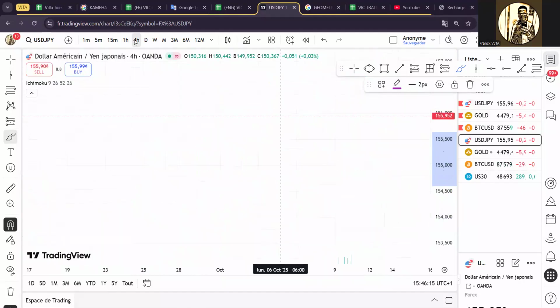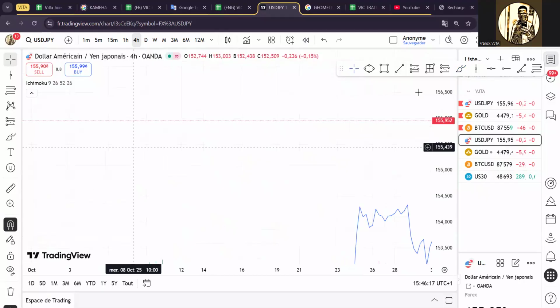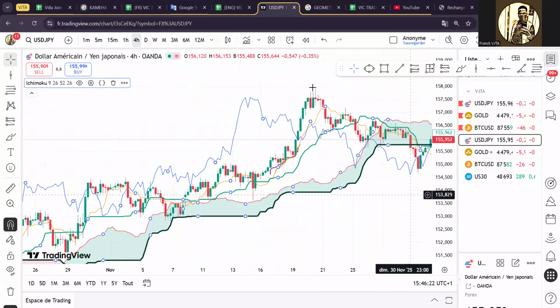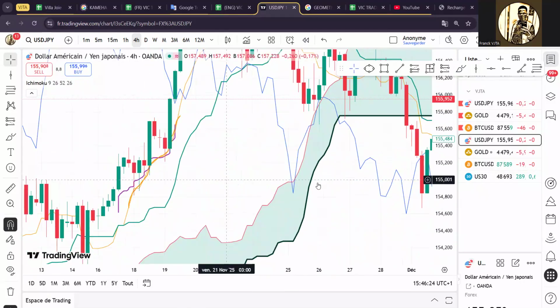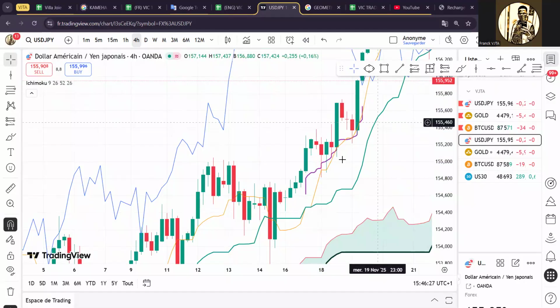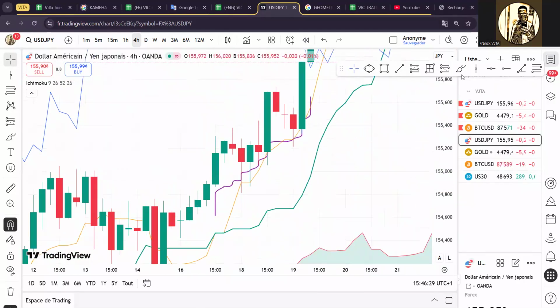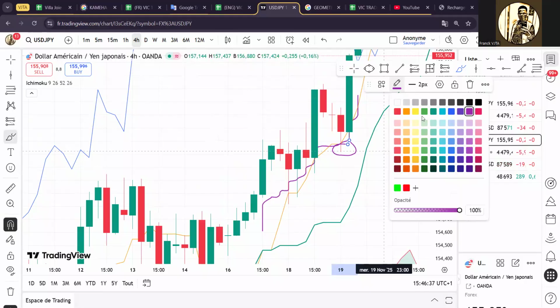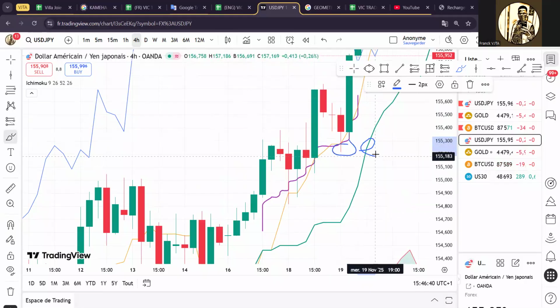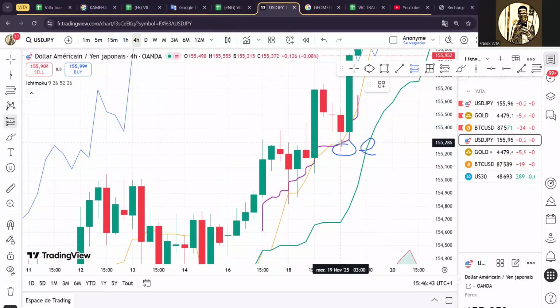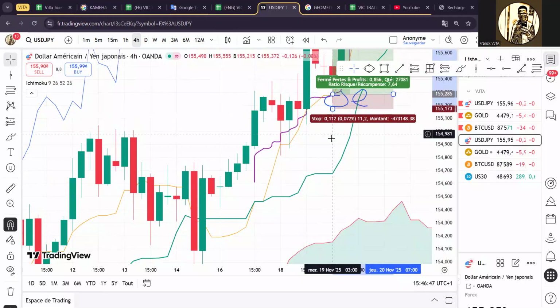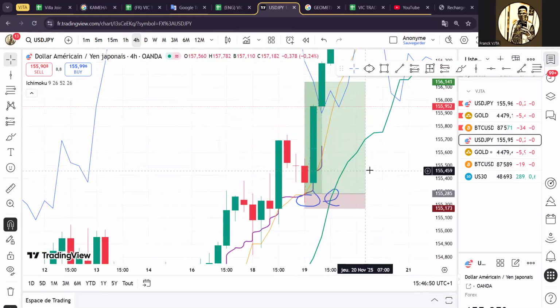Then you go on 4 hour, you will see the drawings of the Kijun, and the Kijun on 1 hour is in purple. So when you make an entry here on 4 hour, at the same time, you are making an entry on Kijun 1 hour. That is what is happening.